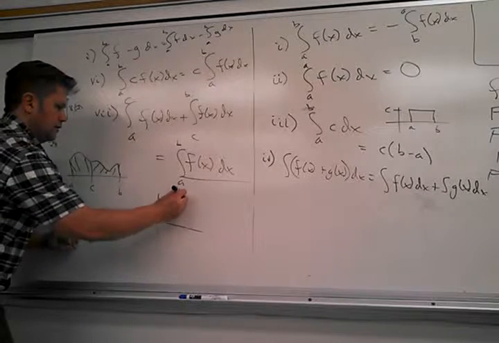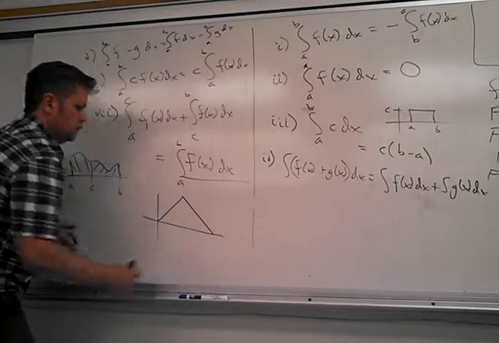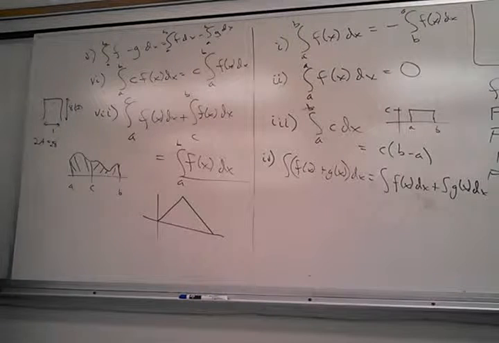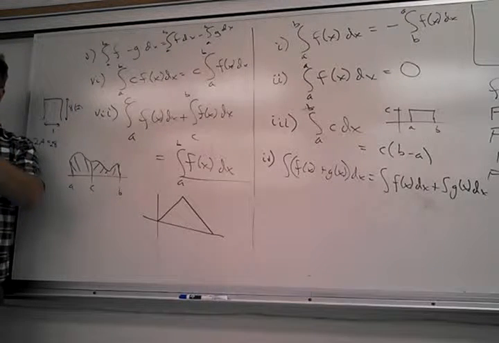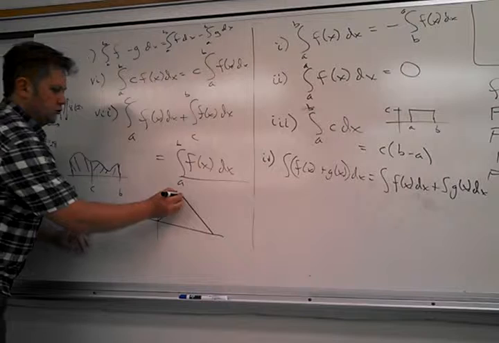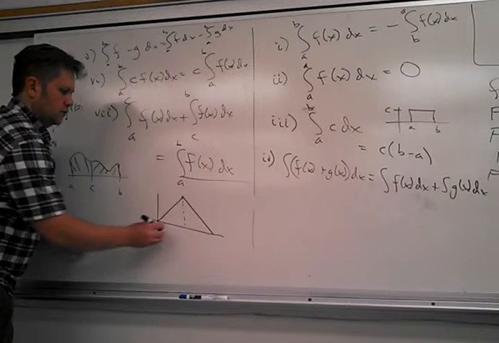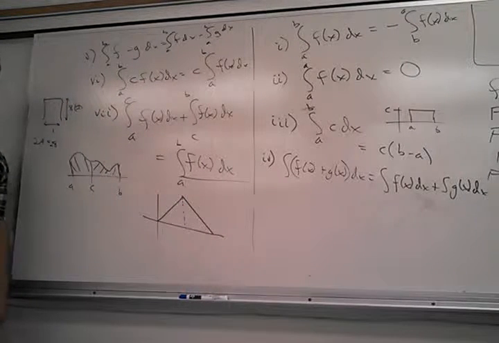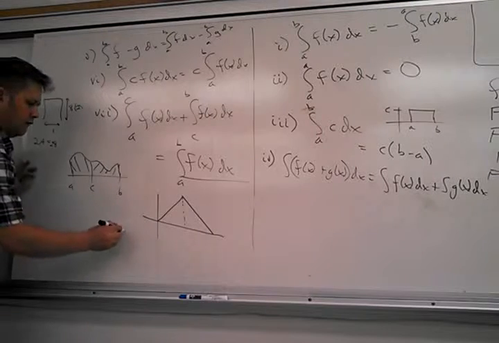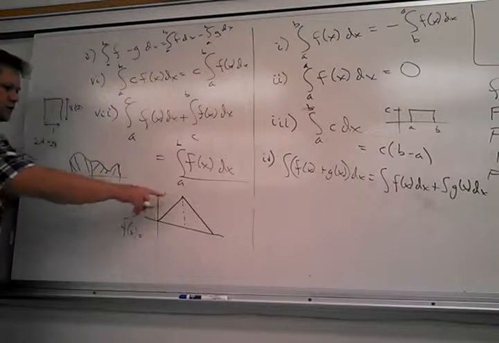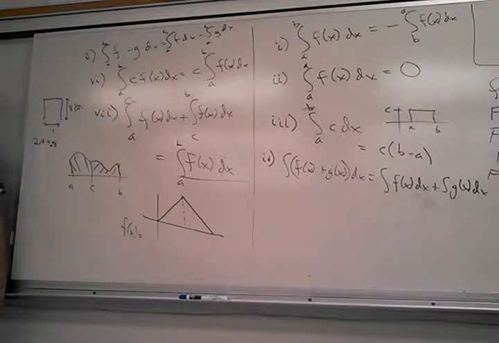If I have to find the area of this triangle, and I'm not letting you use geometry, I'm forcing you to use integration, what happens right at this point? So how would my f have to be defined in order for this to work? It'd have to be an absolute value, but really at the heart, what kind of function is it? Piecewise.